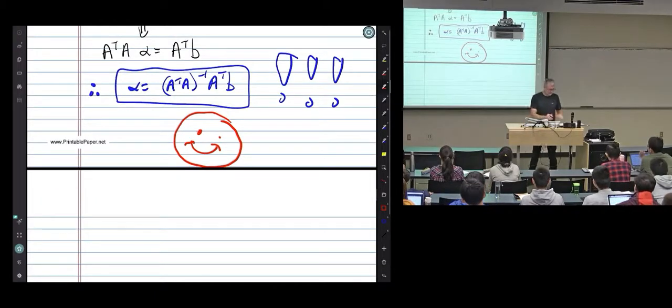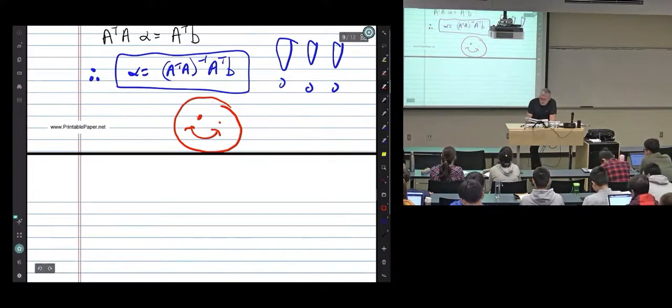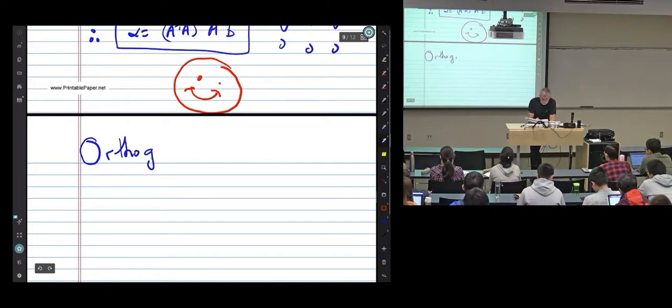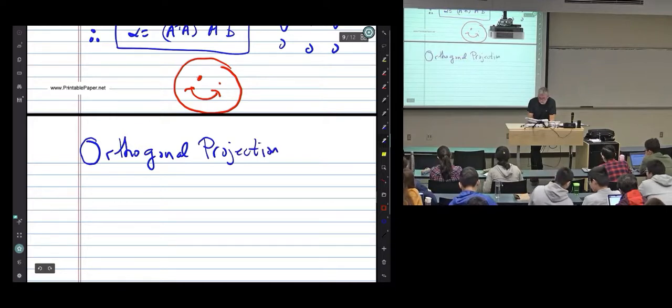A little. Okay, let's spend the last minutes on something conceptually really beautiful: the orthogonal projection operator.